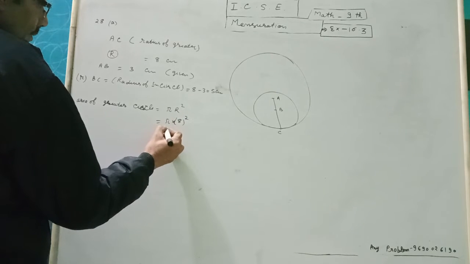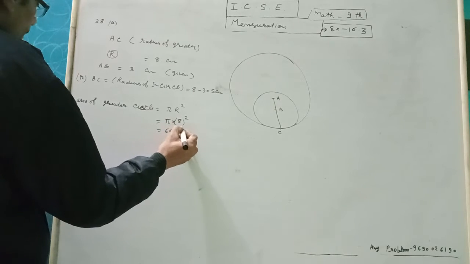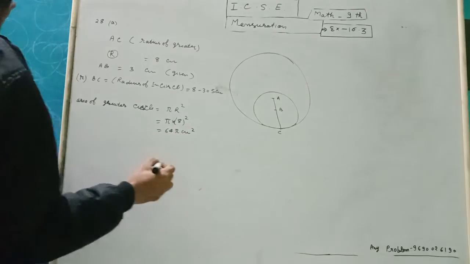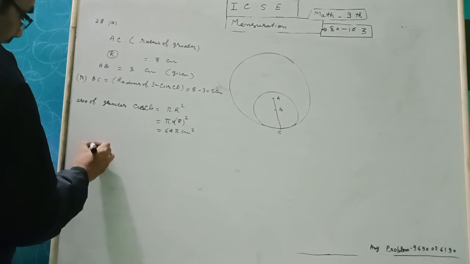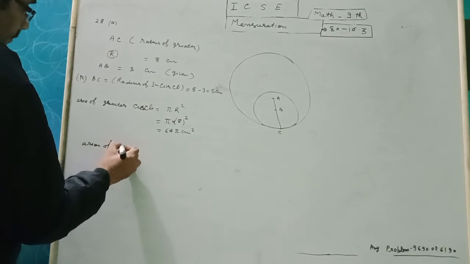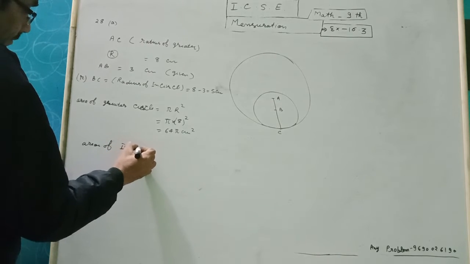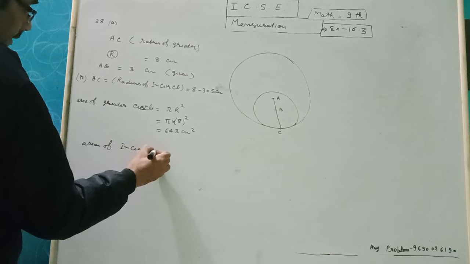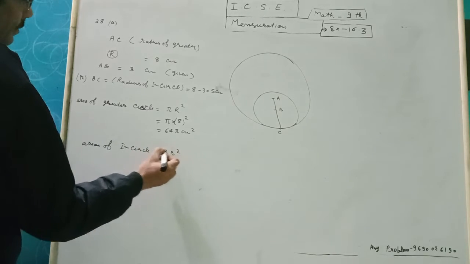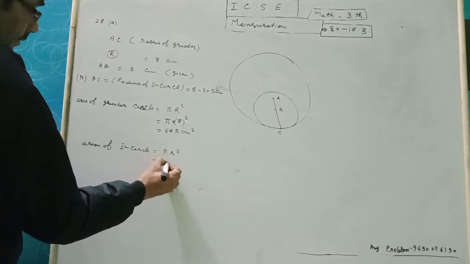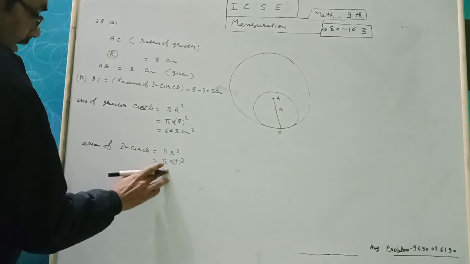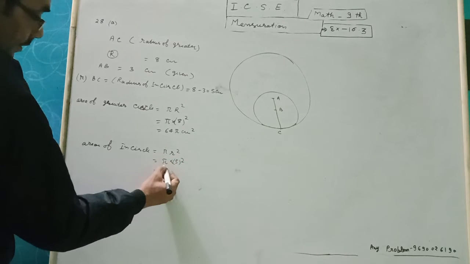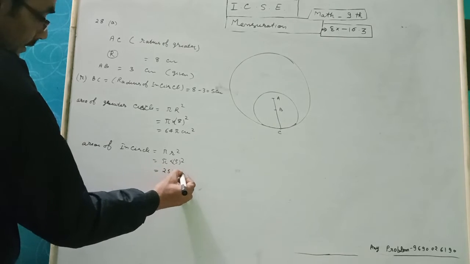After removing the square, 64 pi cm square is the area of the greater circle. Then area of the incircle, pi r square. r is equal to 5 square. After squaring, 25 pi cm square.